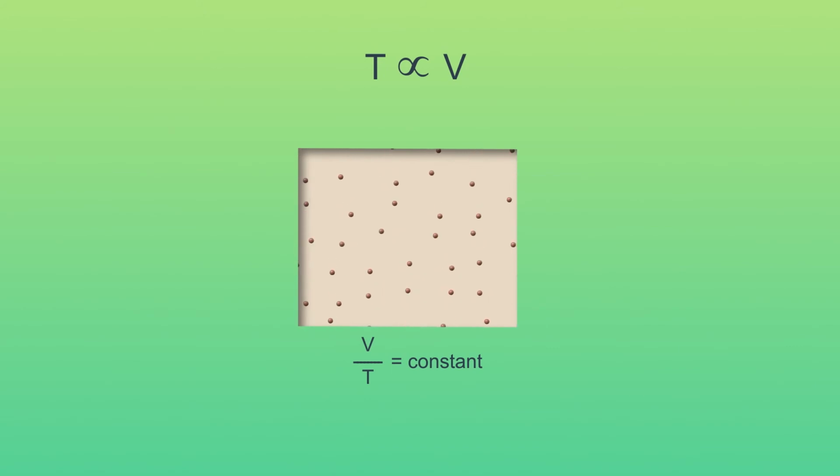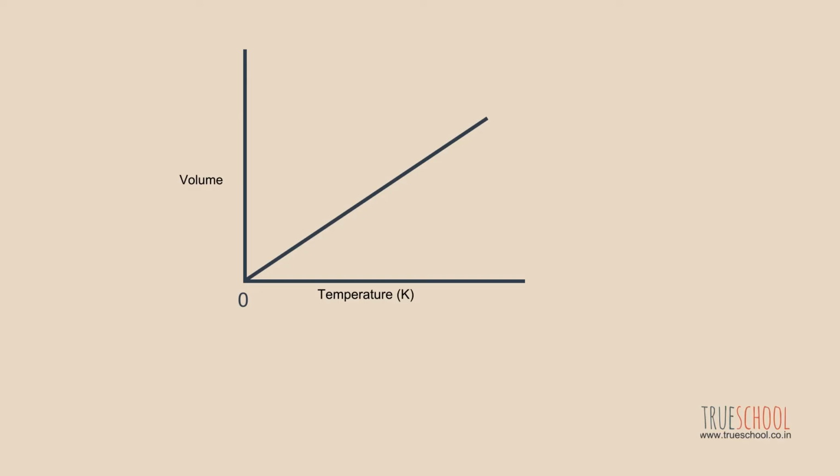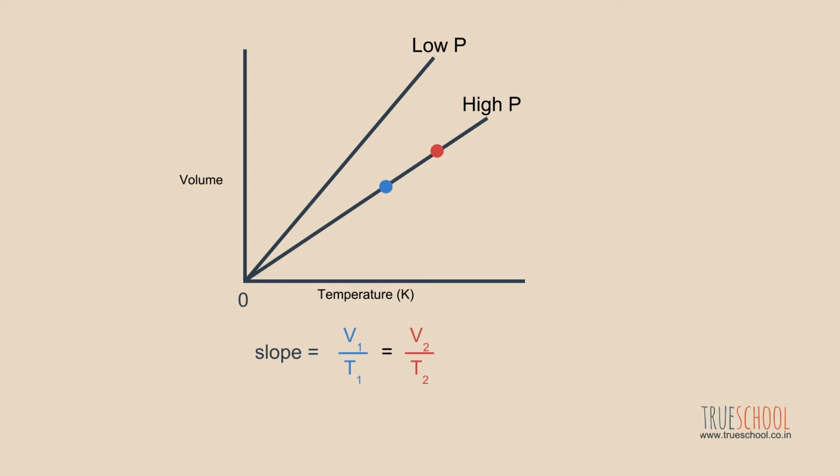This change occurs in gases such that the ratio of volume and temperature remains the same. This can be depicted using this graph. This is called Charles' law. On this curve, volume versus temperature, the slope of this line remains constant. We can draw another curve depicting the same phenomenon for lower pressure too. An interesting observation that can be drawn from this curve is that at very low temperature, the volume of gas reaches 0. This temperature is considered to be 0 Kelvin.